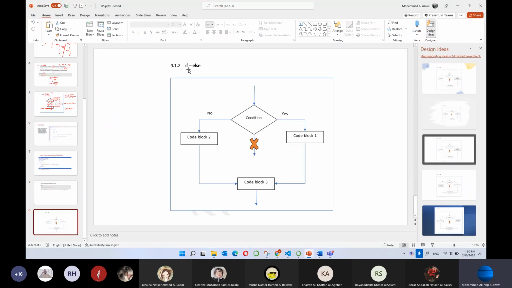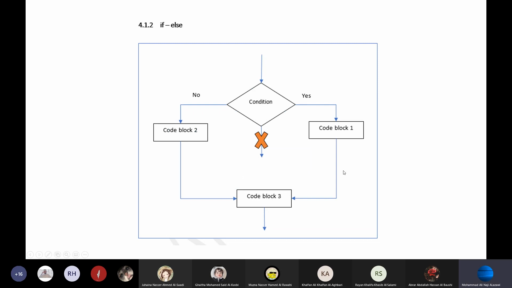Next, if and else. All right. So if and else. What if I want to take more than one decision? Now, the same example, of course, x equals 5, the condition, assume, is if x greater than or equal 0.